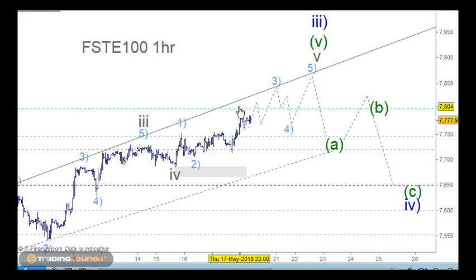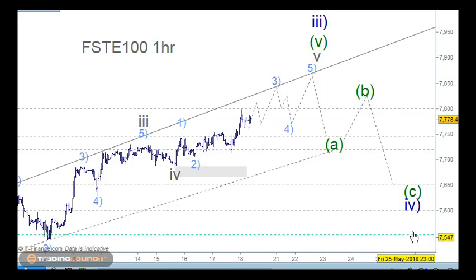So 1, 2, 3, 4 and 5 for the third wave, back for the fourth and up for the fifth wave here. So 78.50 is what we're looking at for a top, but anywhere from 78.30 to 78.50 area for that top, and then we'll see an ABC correction for wave 4 here.